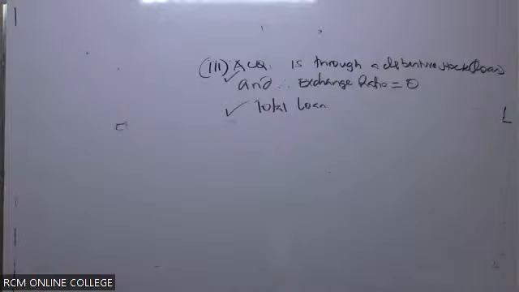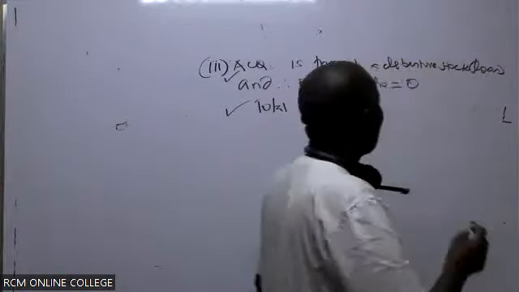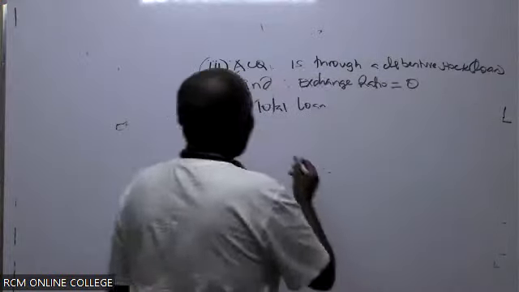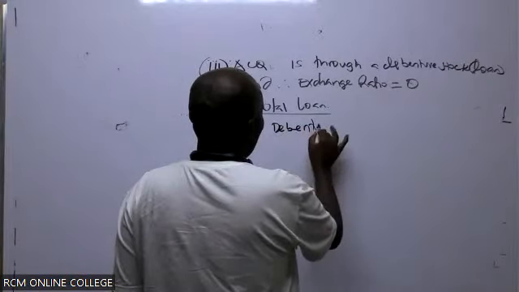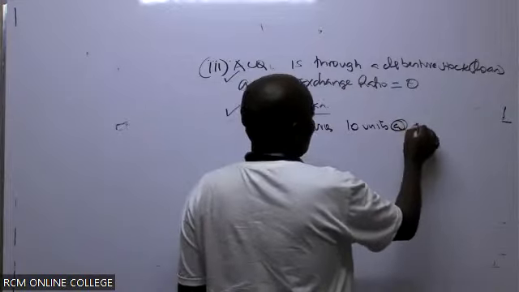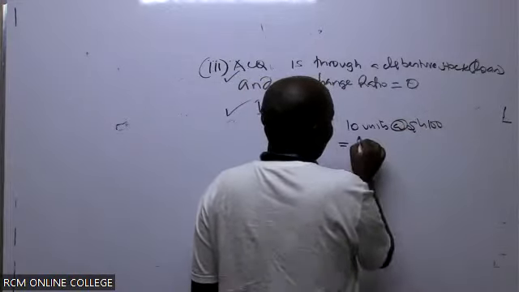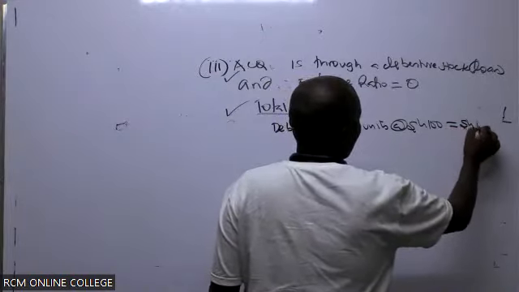You know, it's very easy. First of all, you see 10 units of debenture, each worth 100. So 10 units, each worth shillings 100, basically gives us debenture of shillings 1,000.